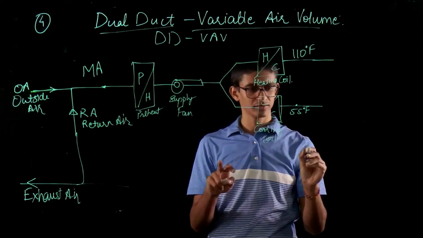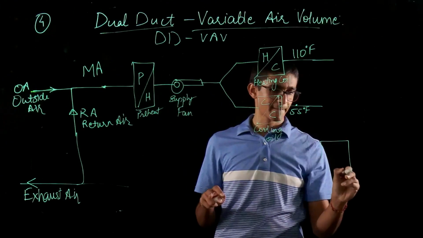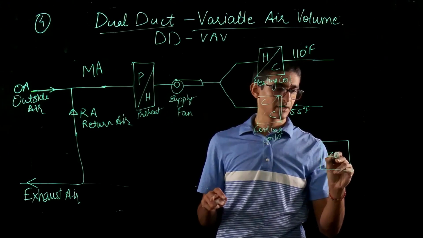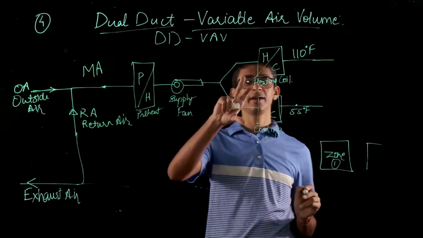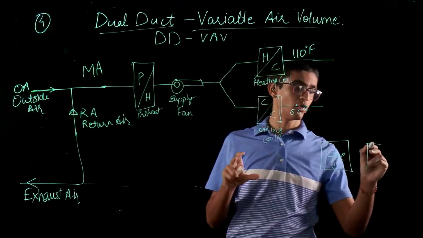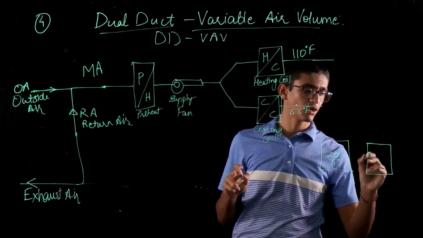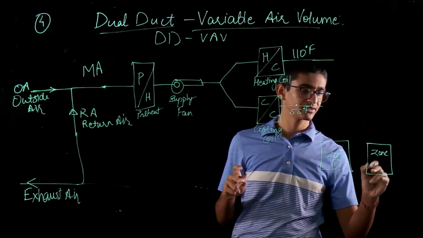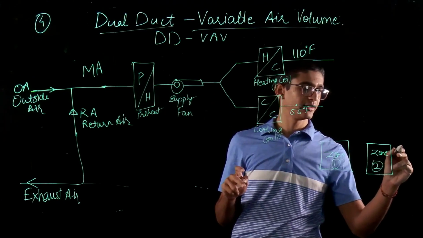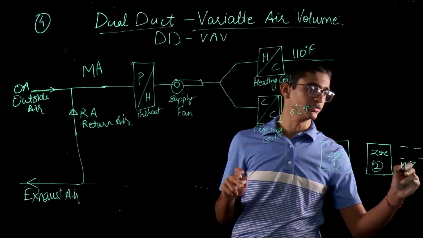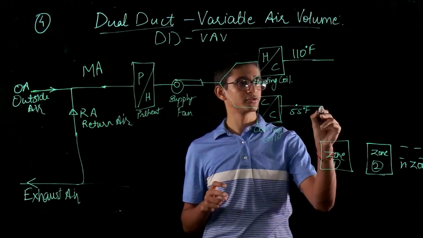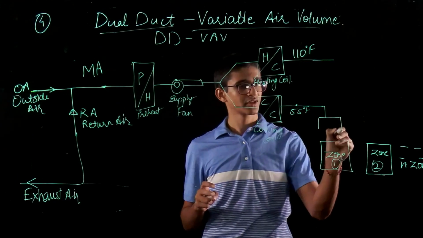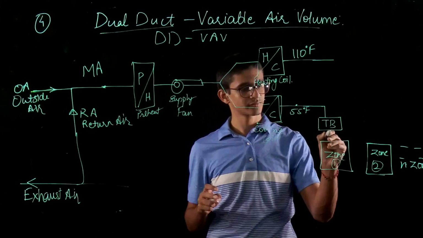And then this cooling coil and heating coil will give us cold and hot air, and this cold and hot air will be mixed and supplied to different zones. So we can have n number of zones, each with a mixing terminal box.